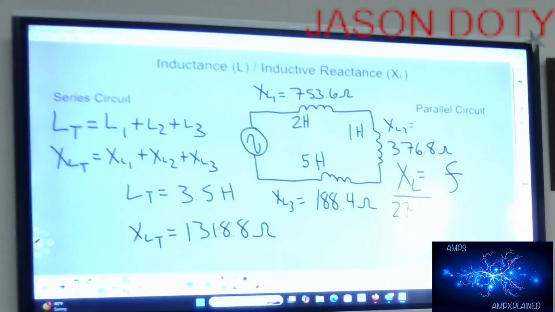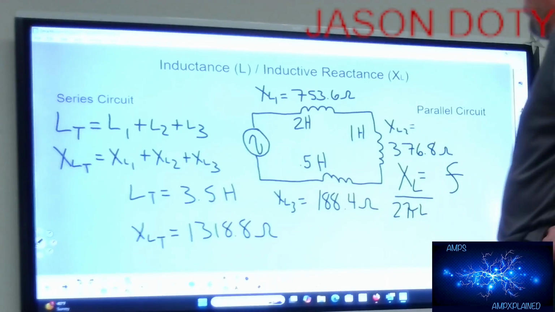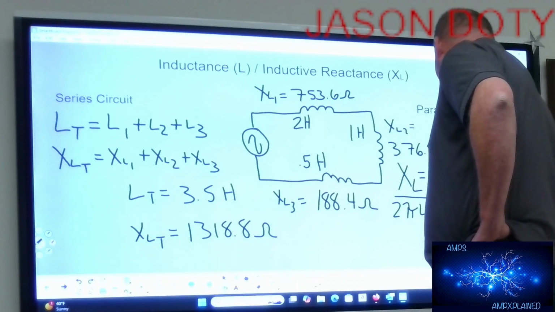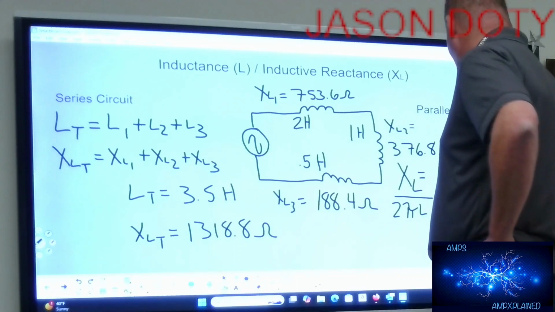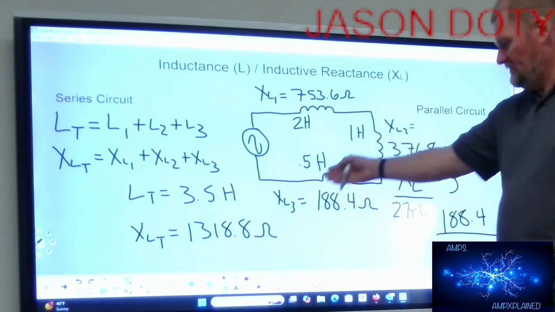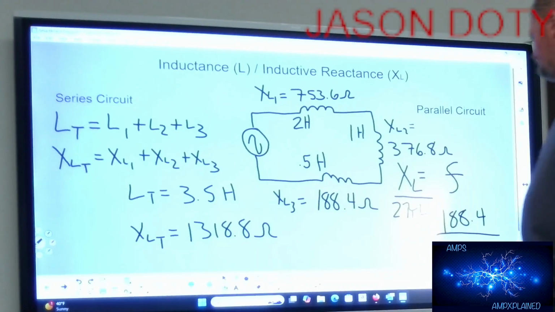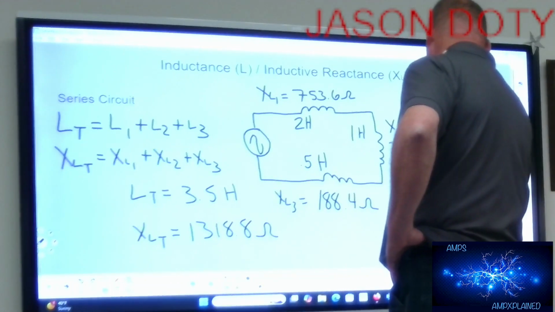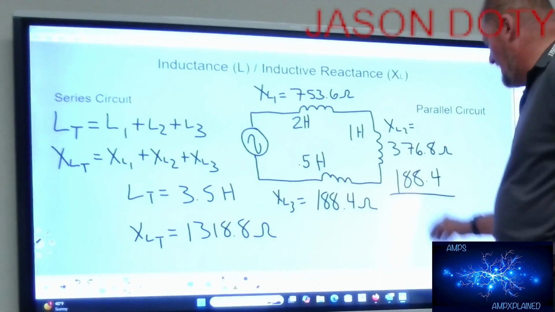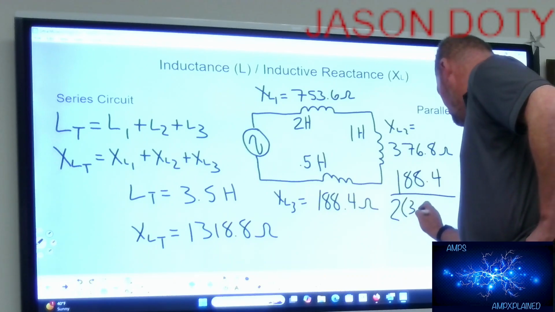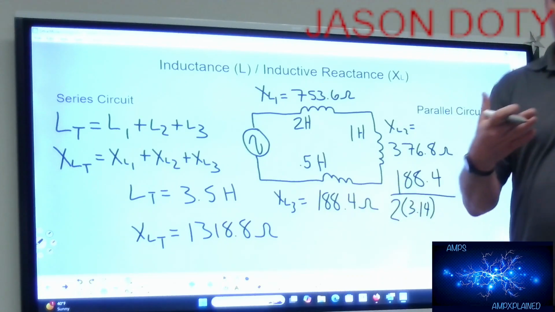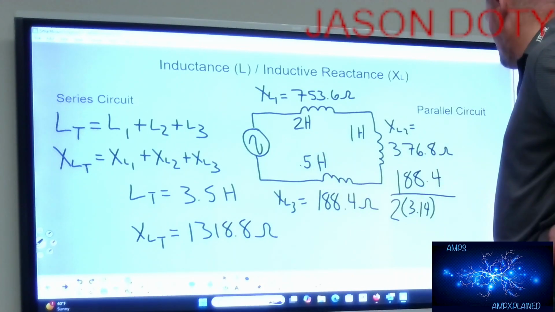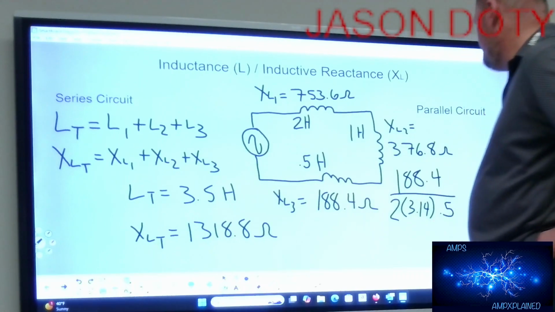So let's test it out, right? We have X of L of our 188.4 ohm inductor, XL3. We're going to divide that by 2 times 3.14. We always use 3.14 for pi. And the value in Henries, 0.5.